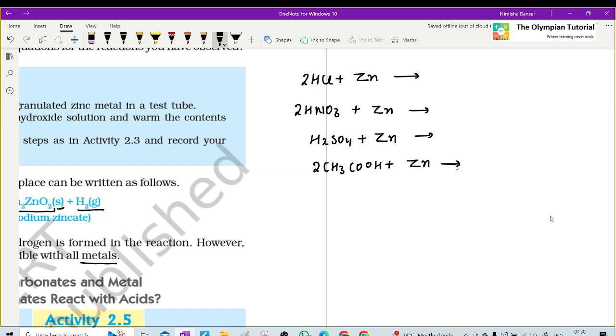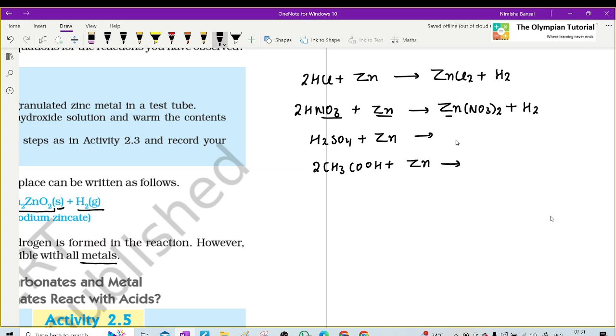First one, zinc chloride and hydrogen gas. Second one, Zn(NO3)2 plus hydrogen gas, because Zn has 2 valency and NO3 has 1, so for balancing we write Zn(NO3)2 plus H2.